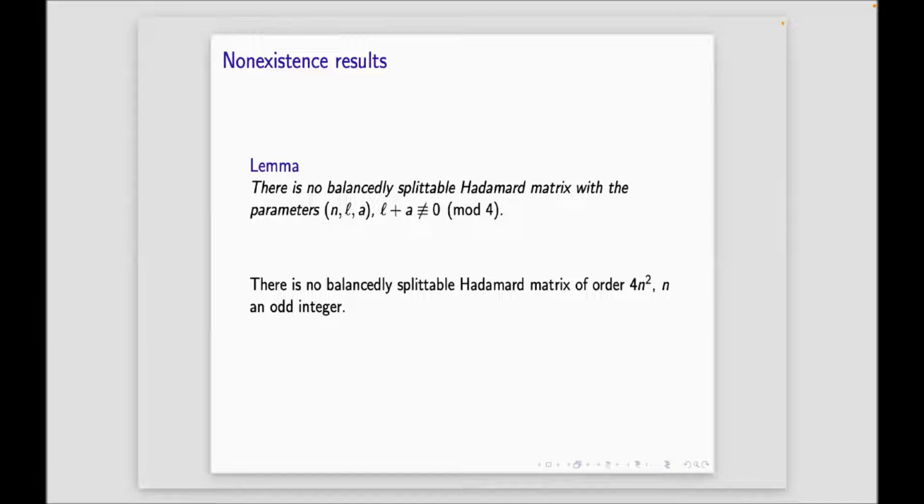For example, we don't have one of order 36. And for order 36, I don't think there is any flat ETF, equiangular ETF, known. There is one known optimal set of equiangular lines, but the coordinates are not flat.